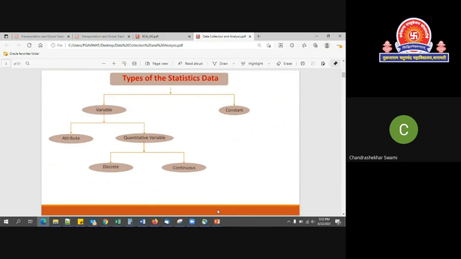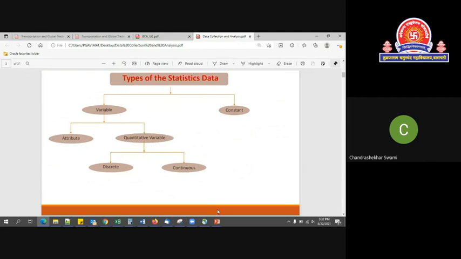The second type is secondary data. It is the data which is already collected by some agencies, some software, some researchers, and we are analyzing the already collected data. That is called secondary data.